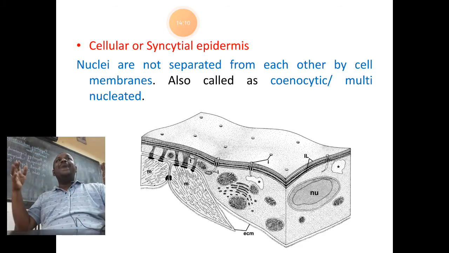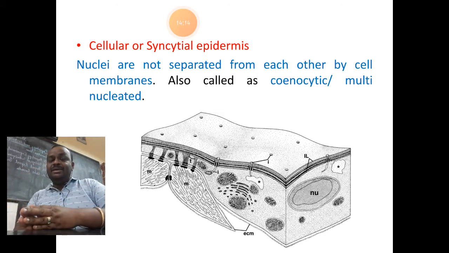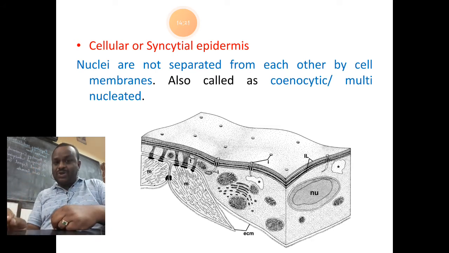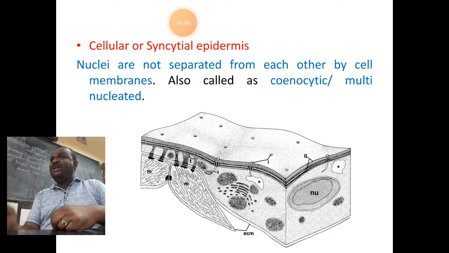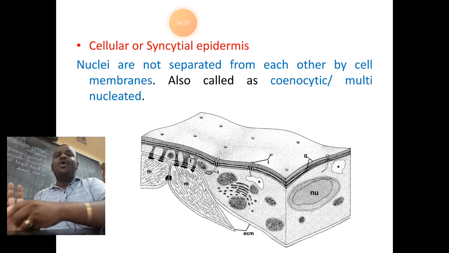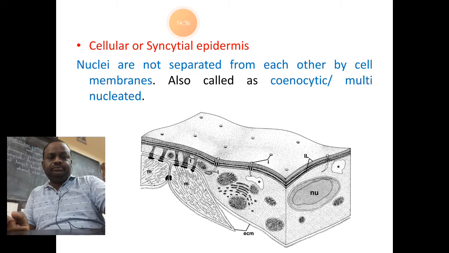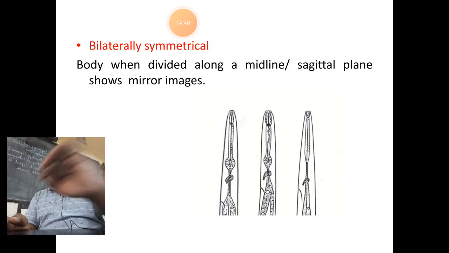So it shows the multinucleated appearance for the cellular layer. That's the importance of the syncytial epidermis, which is a major characteristic feature of all the nematodes. So the epidermis of all the nematodes is said to be of syncytial condition. It is also called cenocytic or multinucleated. You can see the same in the diagram down in the slide.